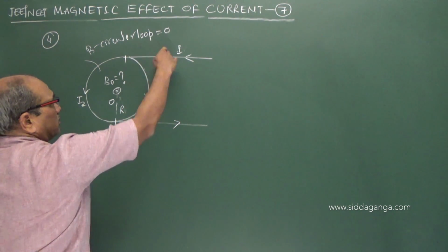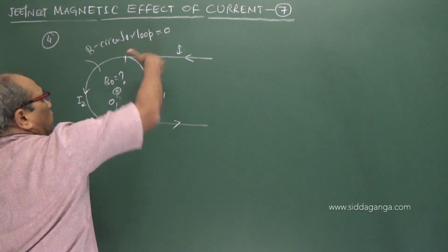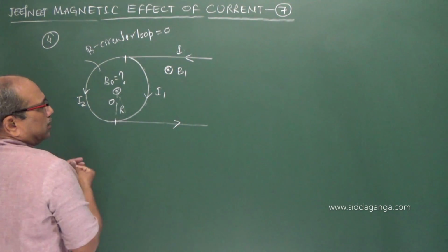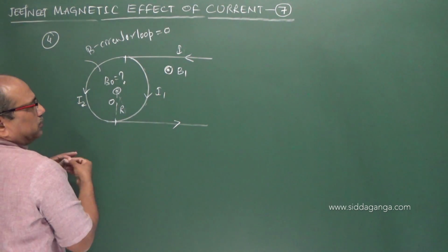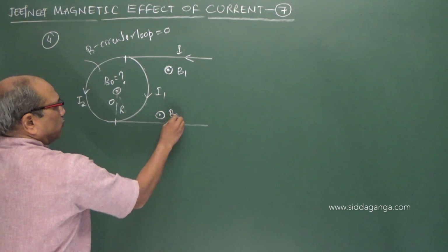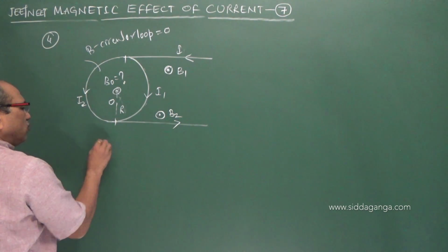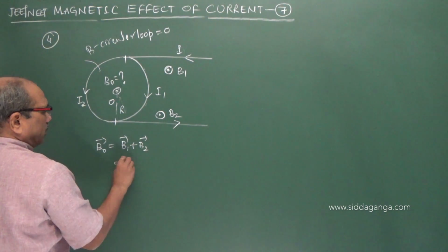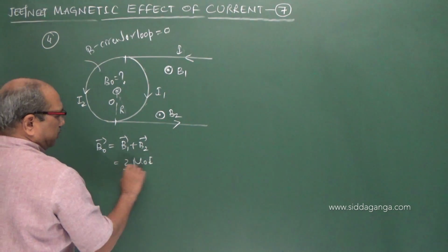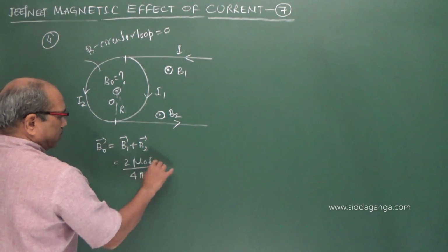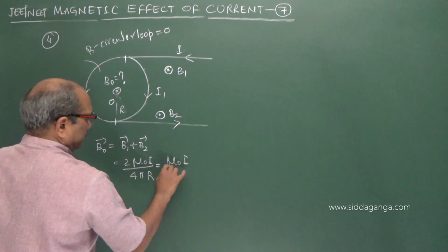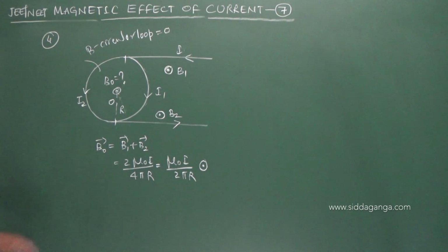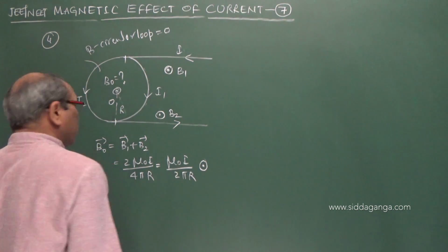Now the two straight parts, they give field coming outward, B1 for one straight portion, and this also produces the field outward, B2. Both are added, B0 equal to B1 plus B2. Both are additive, therefore mu naught I by 4 pi r or mu naught I by 2 pi r outward field. That's what we got there.